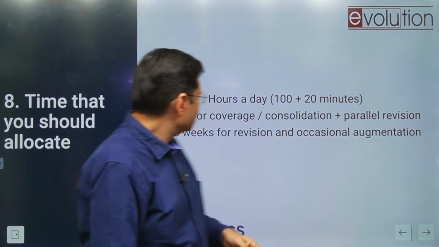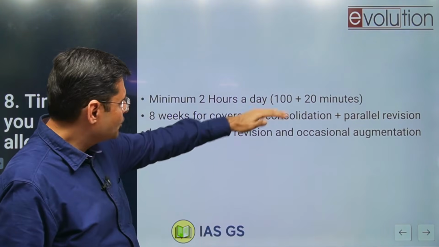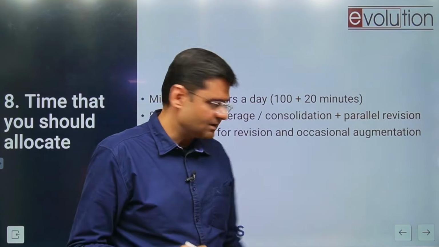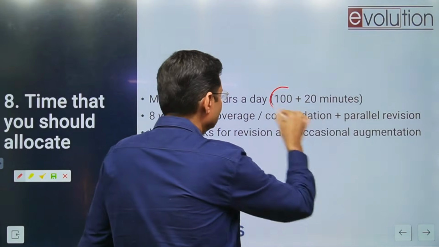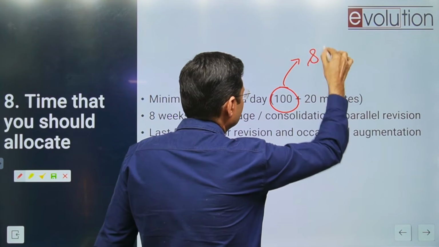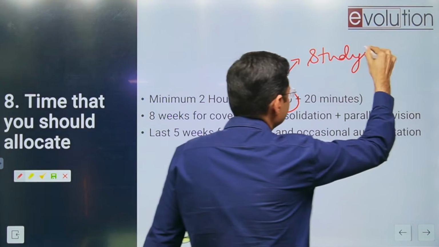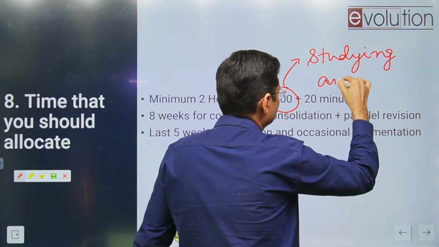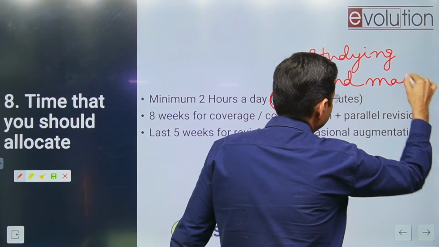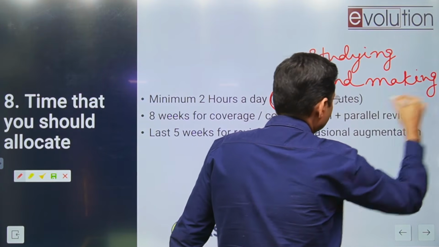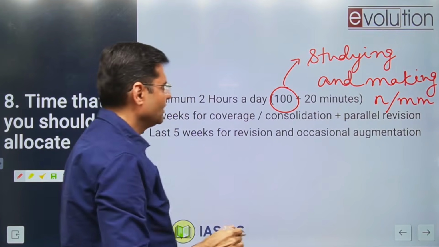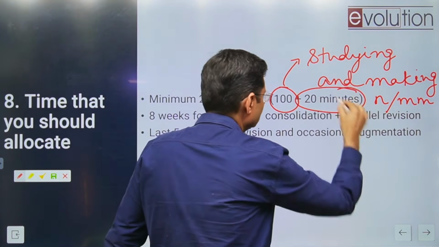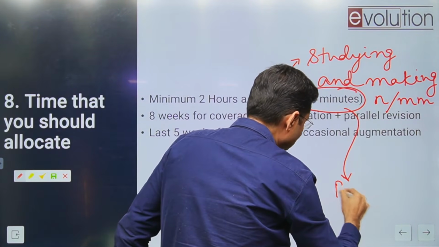Okay. So when you are doing 2 hours, it should be divided into 100 plus 20 minutes. That 100 minutes you should be allocating to studying and making notes, and it can be notes or it can be mind map, either thing, and 20 minutes must go to your revision.